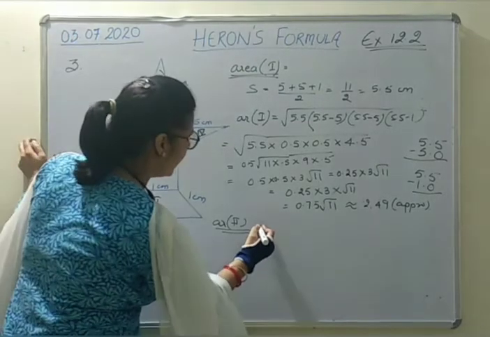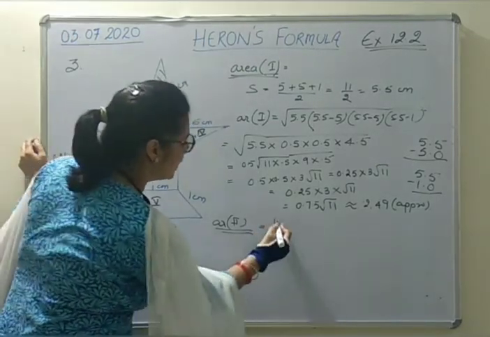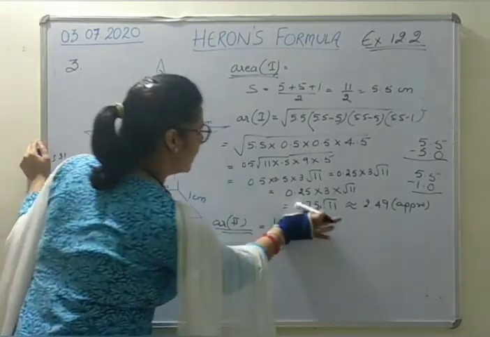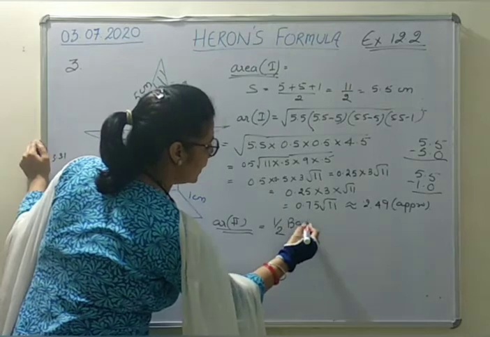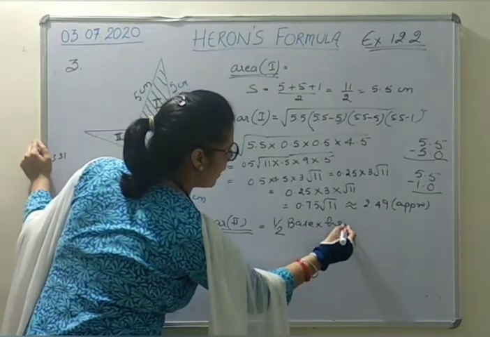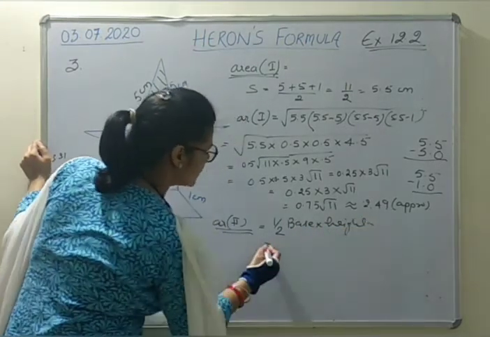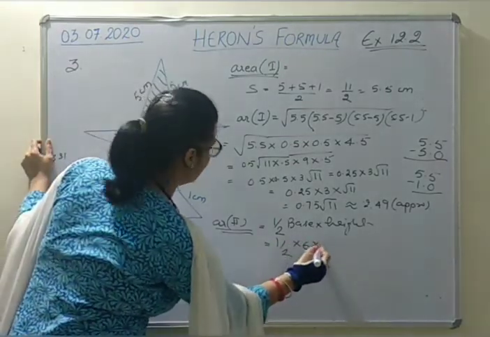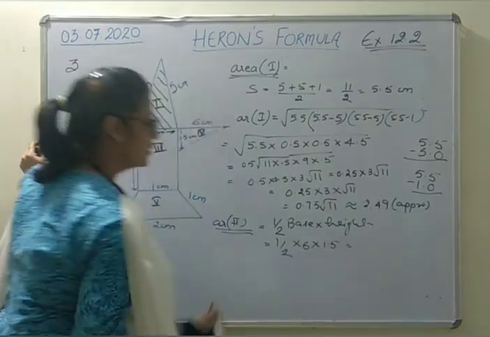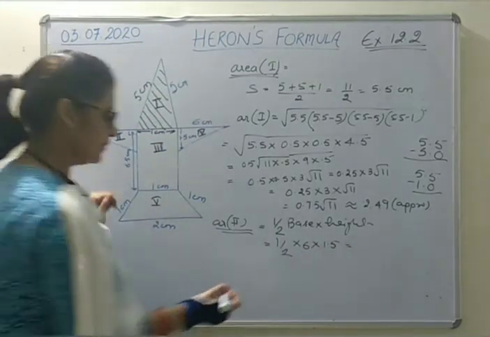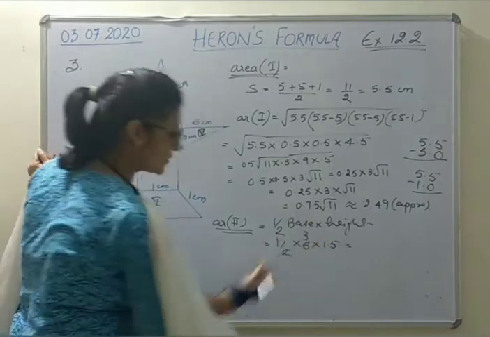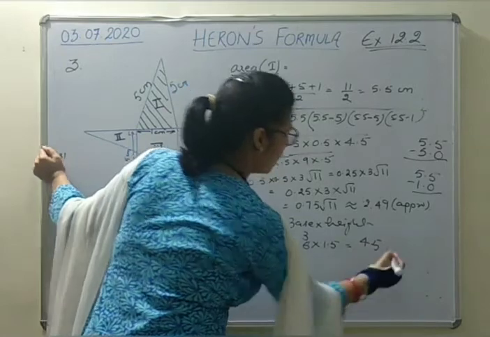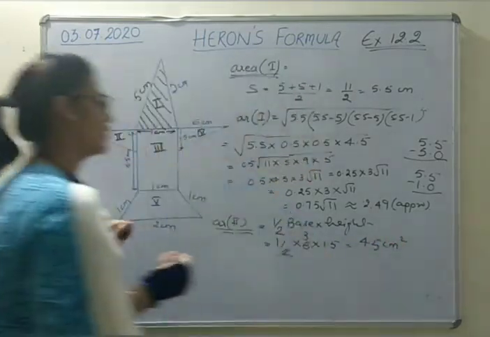So the area of portion 2 will be half into 6 into 1.5. Half of 6 is 3, and 3 into 1.5 is 4.5 centimeter square.